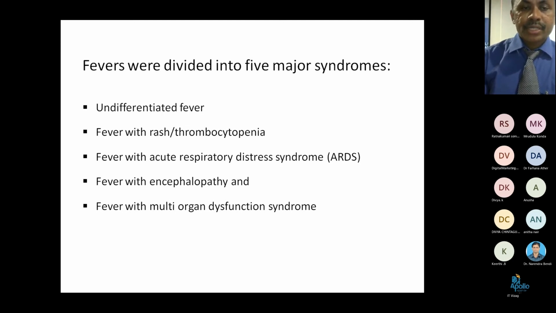You can find a patient with fever, rash, and thrombocytopenia along with respiratory distress, some more organ dysfunction. But to make the job easy and for making us to think, divide and analyze the clinical spectrum, the fevers are divided into 5 major syndromes, as I mentioned before.